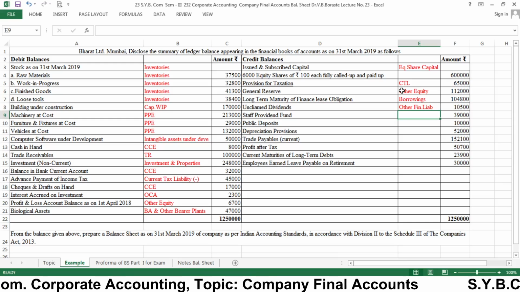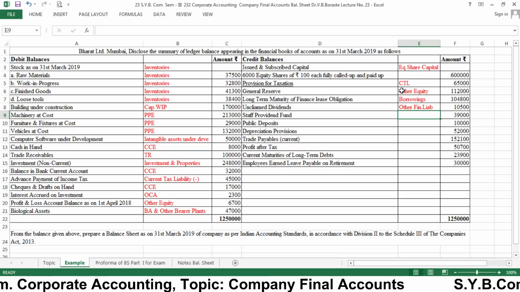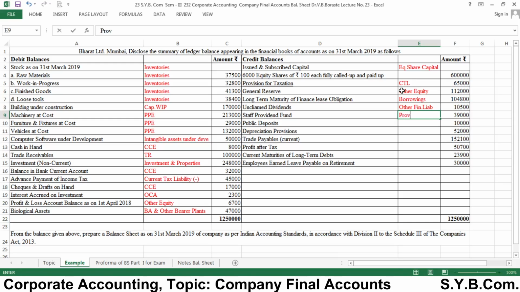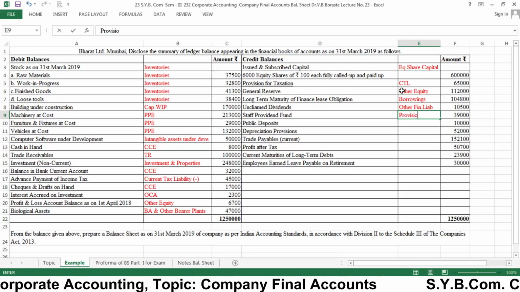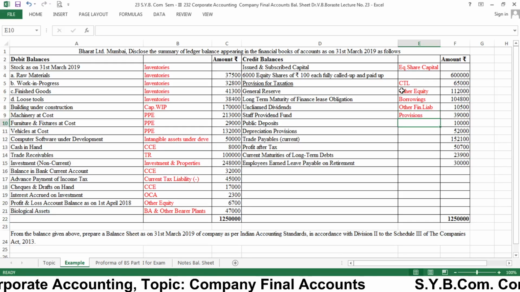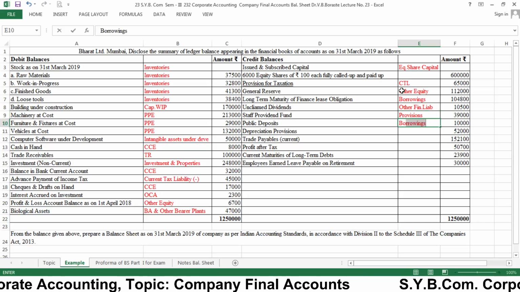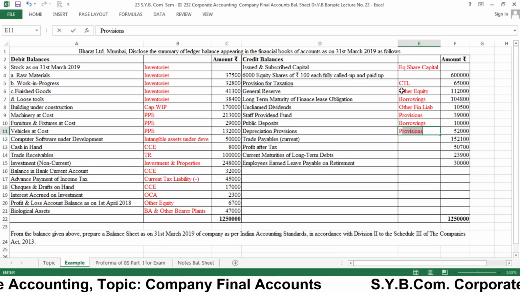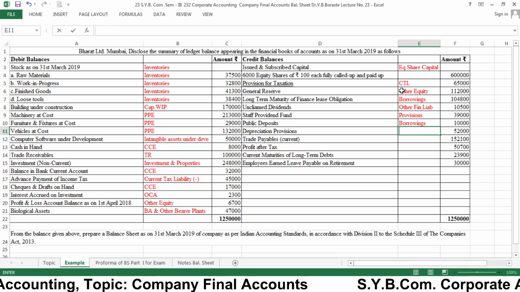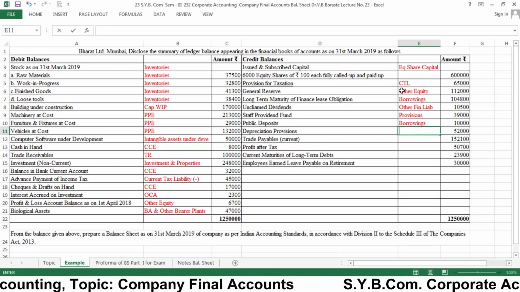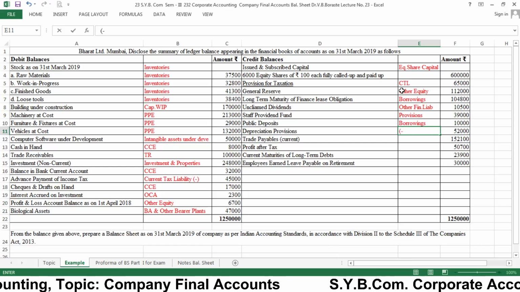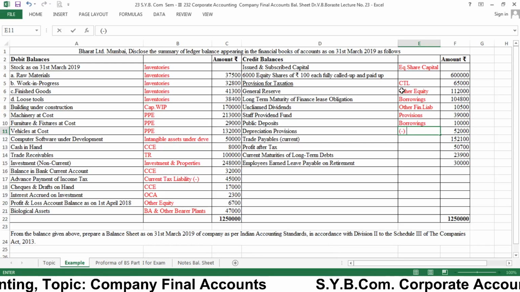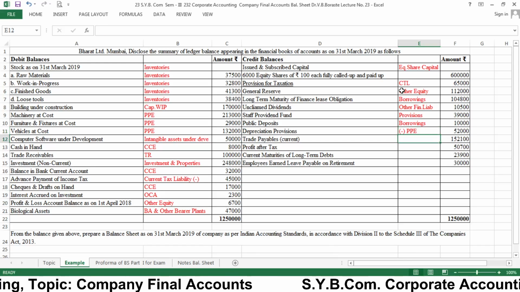Next item is staff provident fund. It will be recorded under the head provisions. Then public deposit, again it is borrowings. Depreciation provision will be deducted, so here I am putting the sign of minus, deducted from property, plant and equipment.